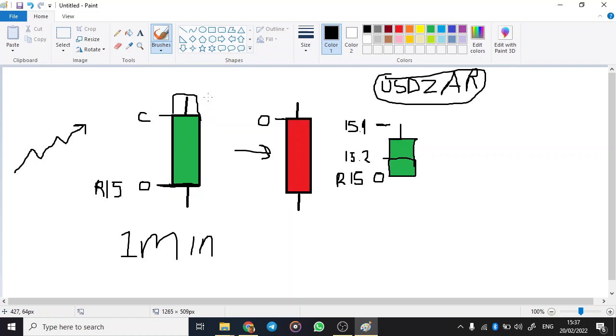After it closes on the second minute, if the market doesn't continue going up, meaning creating another green candlestick, if it decides to instead lose value, if the US dollar loses value, we will see a red candlestick open at the price where the previous candlestick closed.